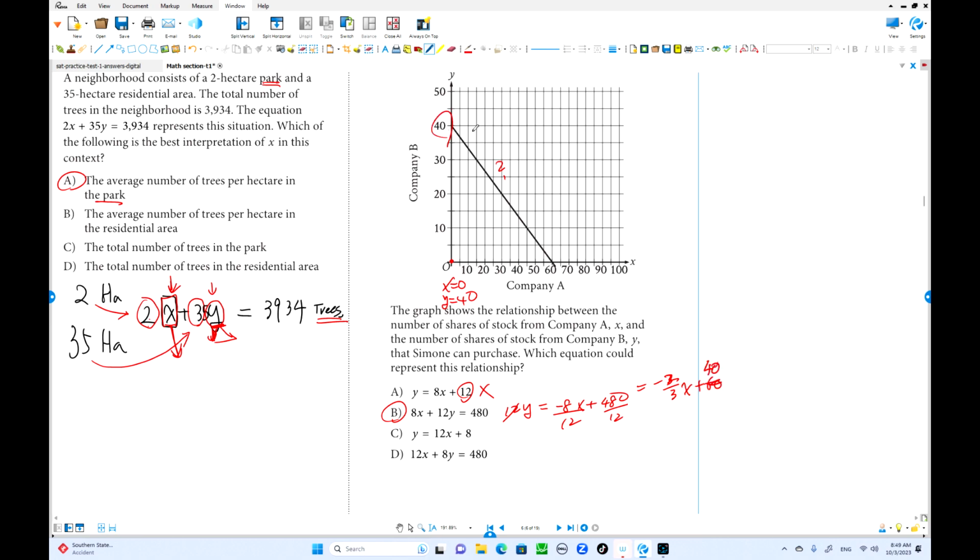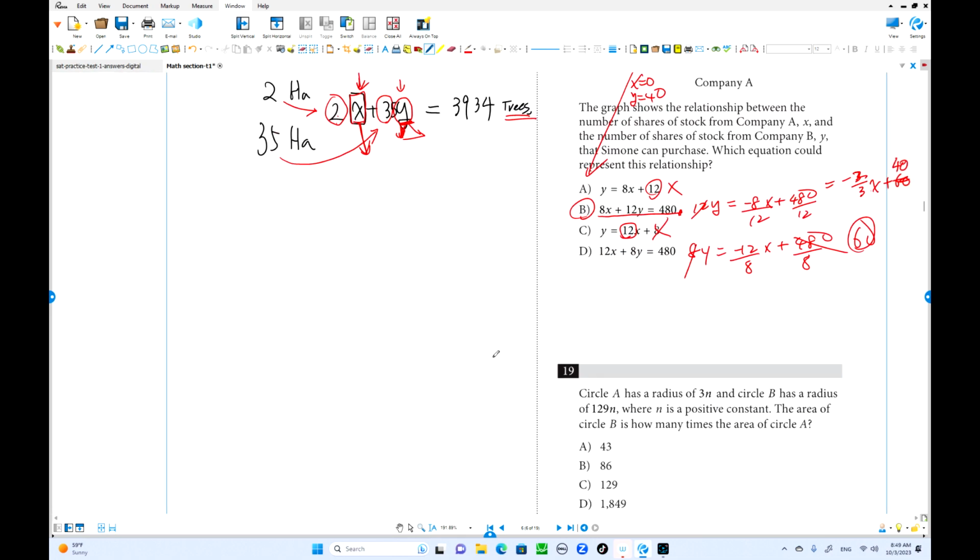This is very close, but it has a negative slope, and this one has a positive slope. In this other case, when you divide by 8, the intercept is just 60. The y-intercept is not 60, okay? So choice B is the answer. I like to use a point. You can choose a point and check it out. That is the easiest way.